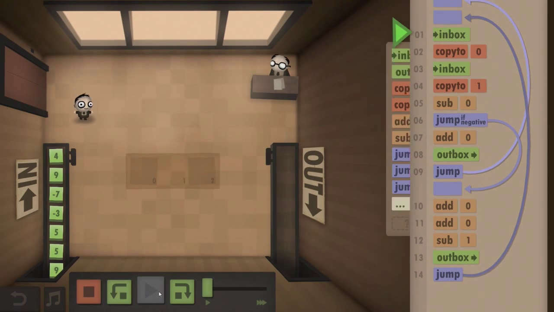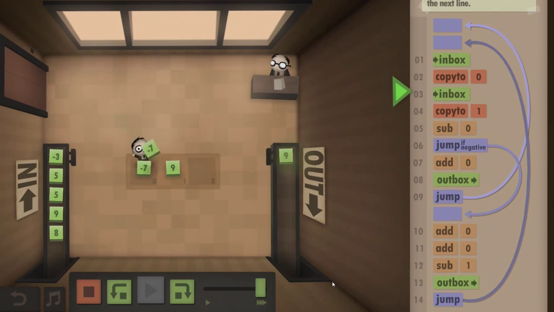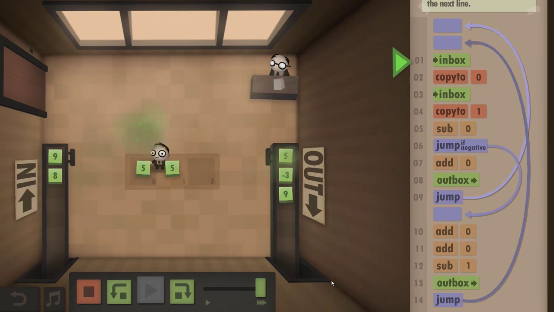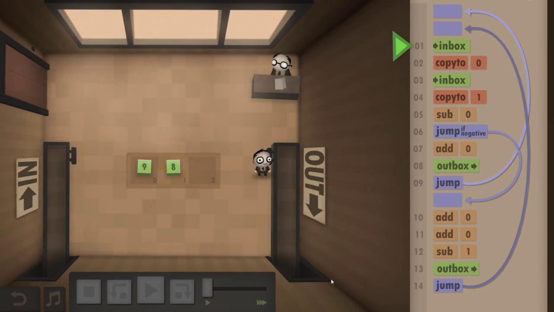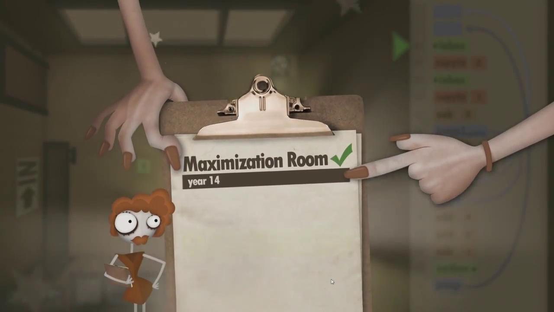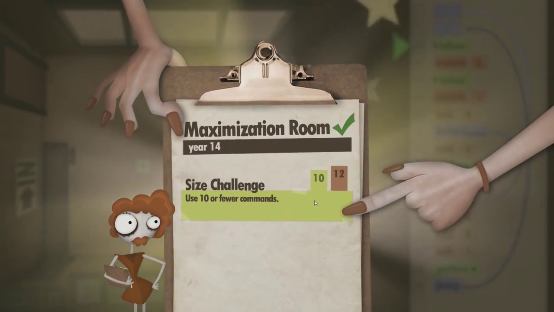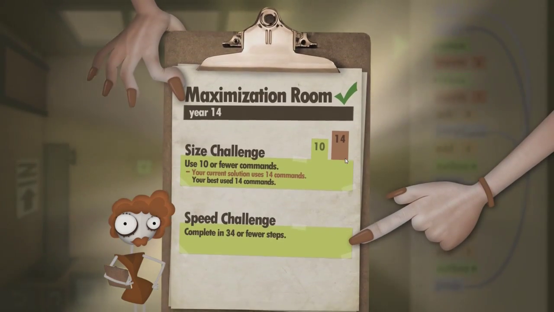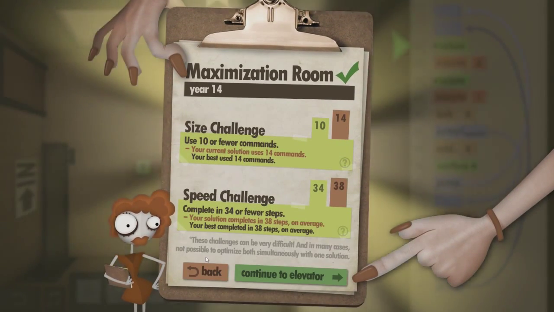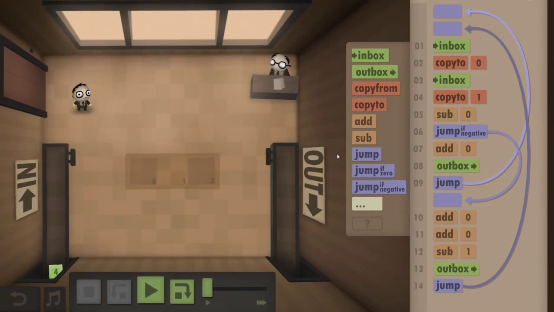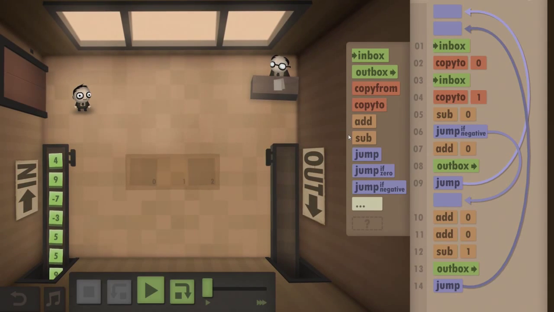And this is the longest padding. So 4 too many commands there. 4 too many commands.